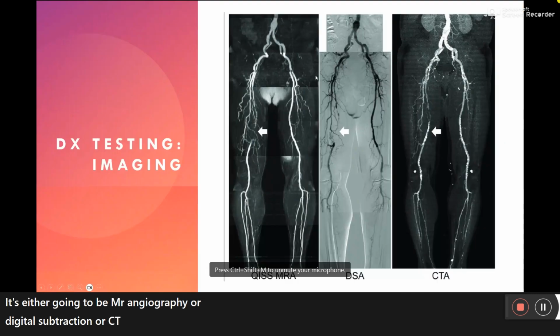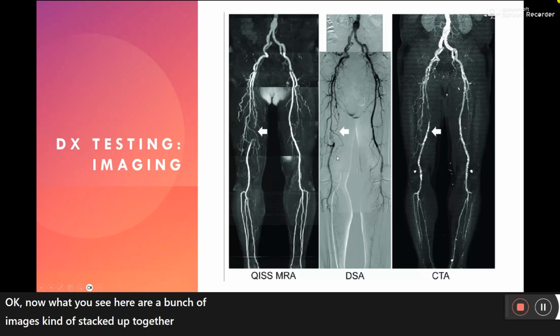Okay. Now, what you see here are a bunch of images kind of stacked up together. I'm going to focus on DSA because that's what we do. Okay? So, when we're doing DSA, the whole subtraction part is that we are editing out the bony parts, the bony pieces. So all we see is the soft tissue. Okay?